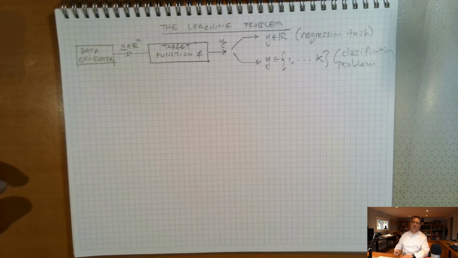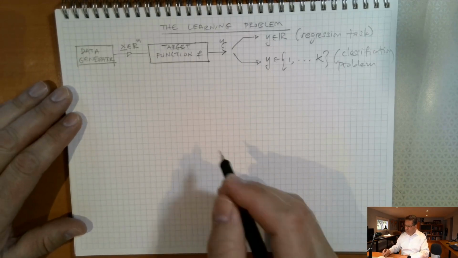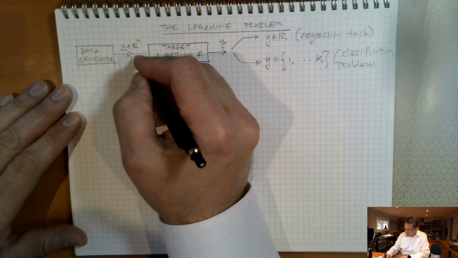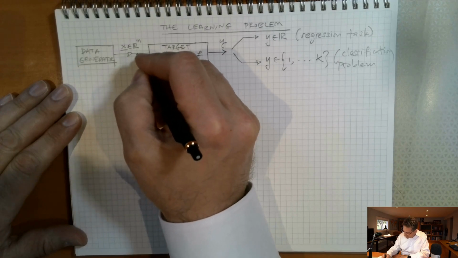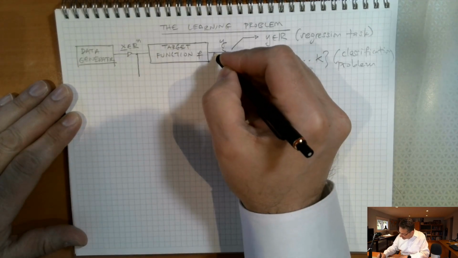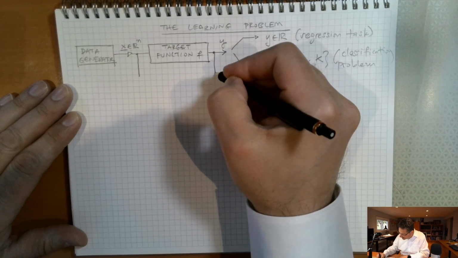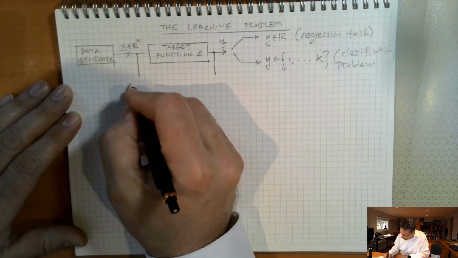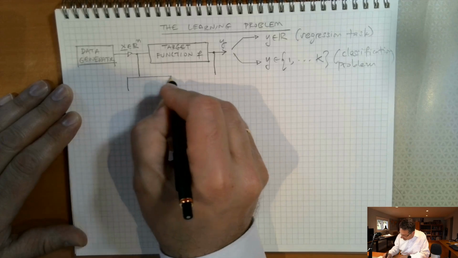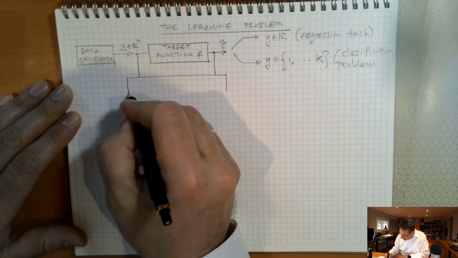Now there is an infinite amount of data that nature can generate. So what we have to do here is to introduce a new block that we will call the sampler, or the sampling block.